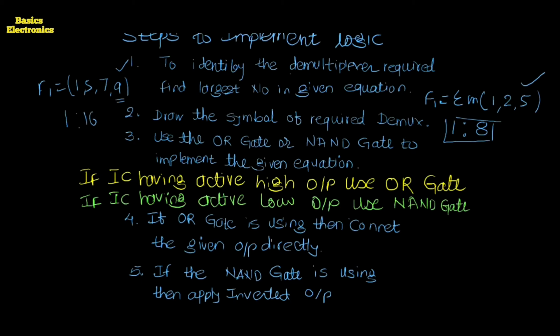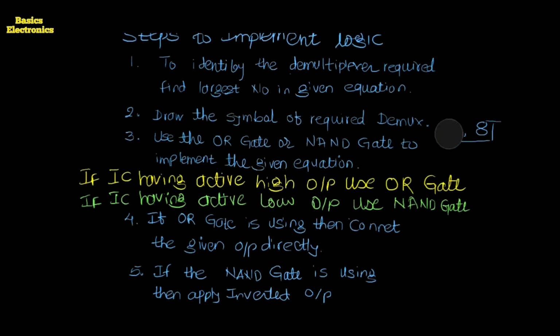Okay, so here we have to implement the logical equation, but for implementation we require to identify what type of multiplexer we require to use for the implementation. To implement the logical equation, first we identified the required demultiplexer, or we can say decoder.